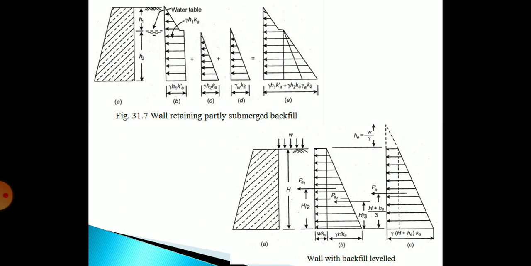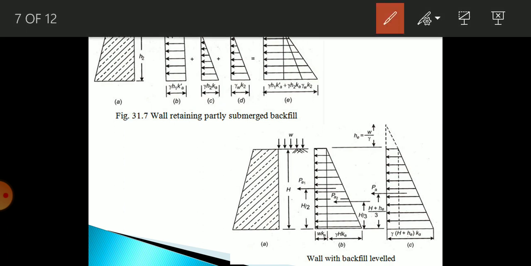Then the next case is the wall with level backfill which is subjected to UDL.